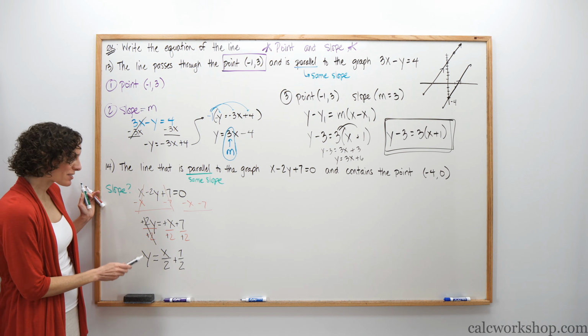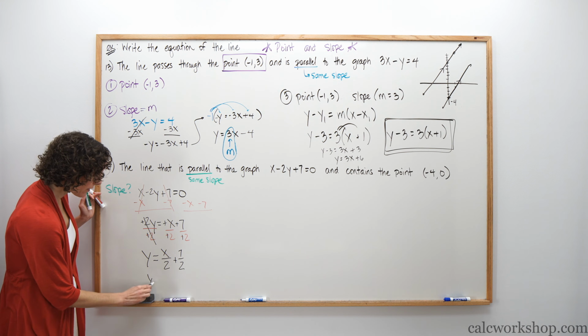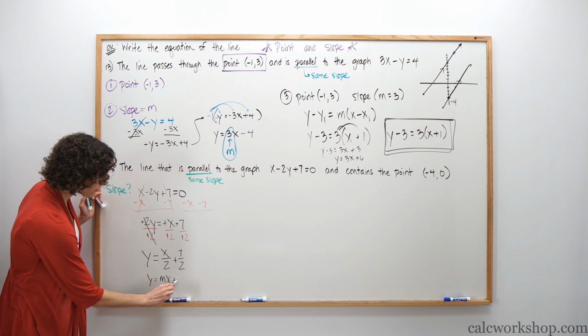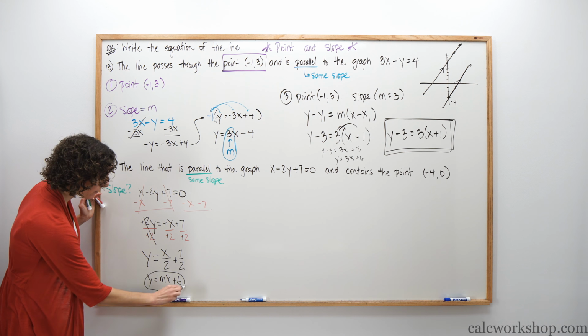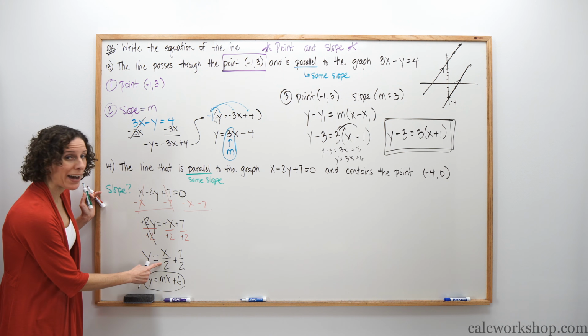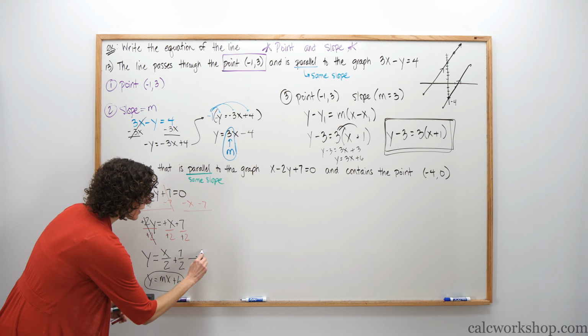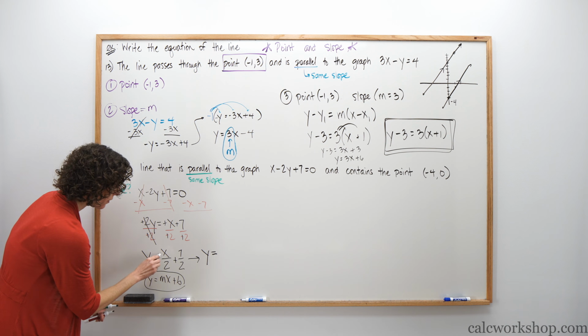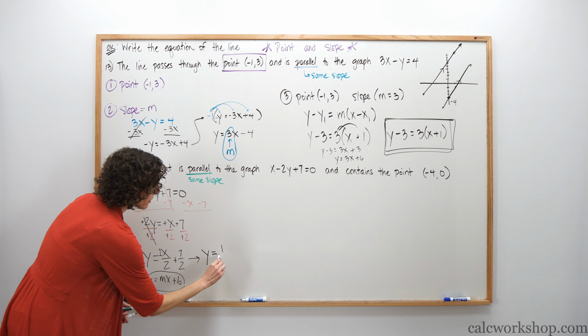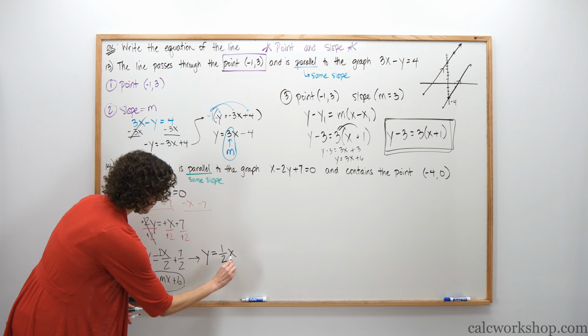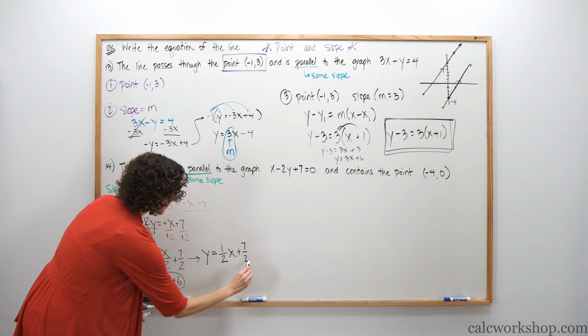Now, at this moment in time, it doesn't seem as obvious that we have y equals mx plus b. But we do, because we know how to rewrite this. We know this is the same thing as y equals, there's an understood 1 right there. We can pull this out and say this is 1/2 x plus 7 halves.